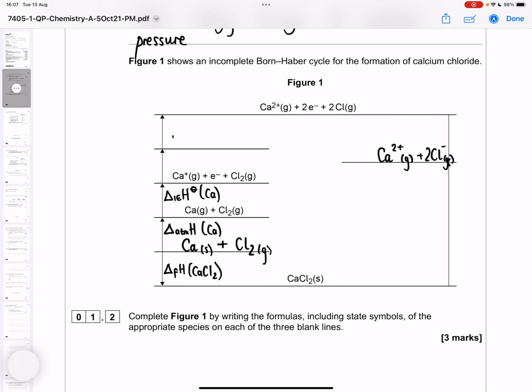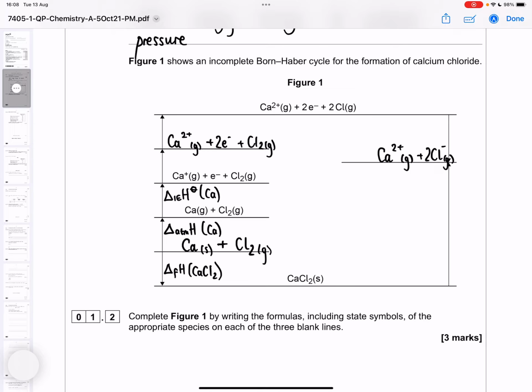We would then need to ionize the calcium again to make it 2+, so there would now be 2 electrons. We still haven't done anything to the chlorine. At this point you could have done the atomization of the chlorine if you wished. So we've put all the species on the lines.